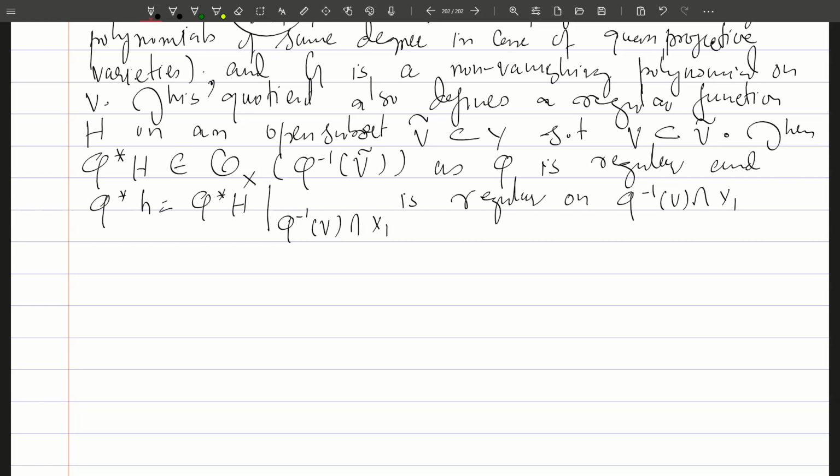So this follows from the definition that phi is given to be regular.